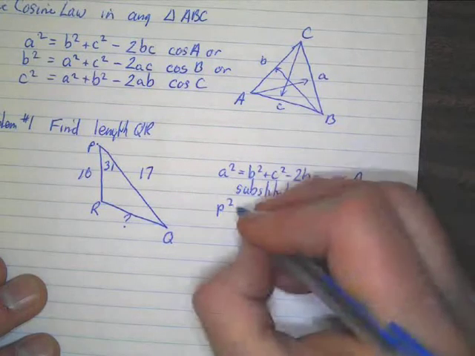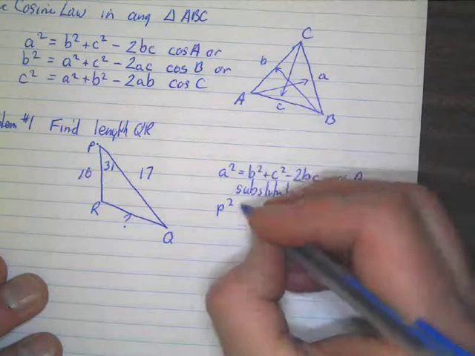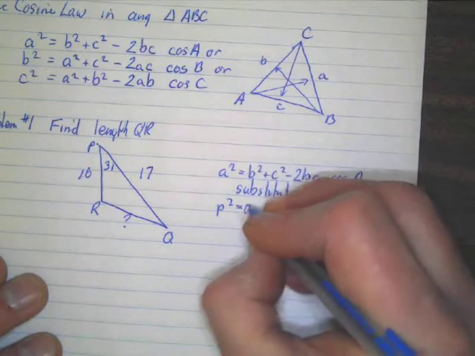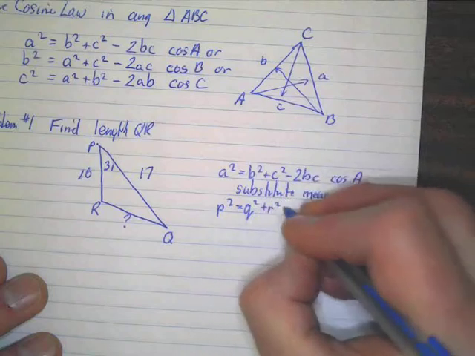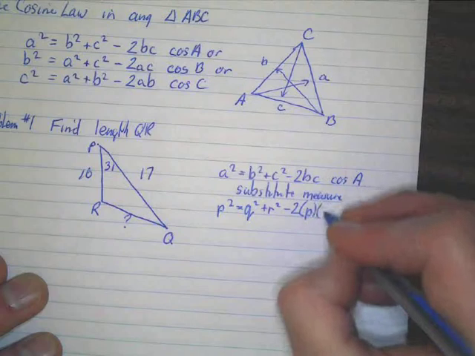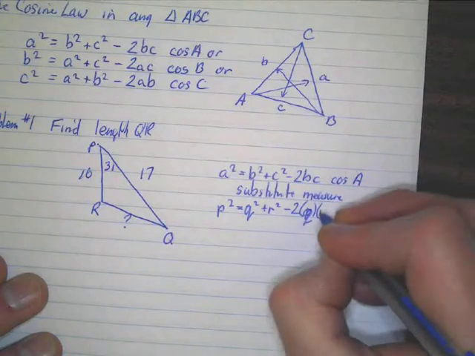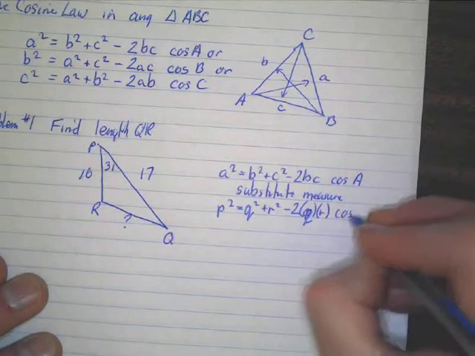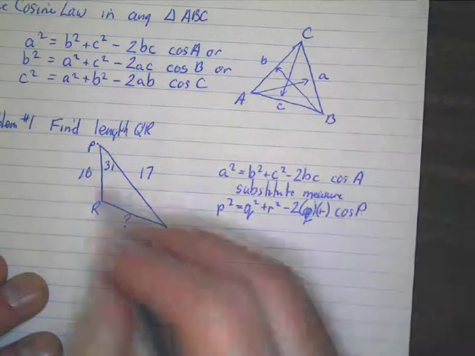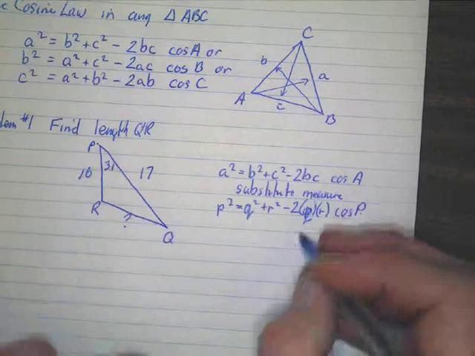I'm going to rewrite it with my triangle PQR. So P squared is equal to Q squared plus R squared minus 2 times Q times R times cos P. And the reason it's cos P is because that's the only angle I have.